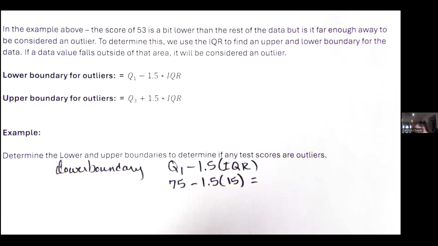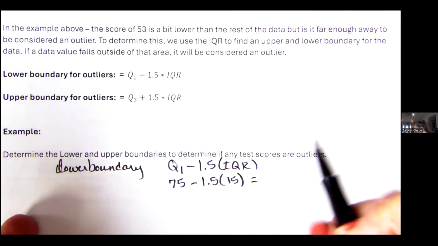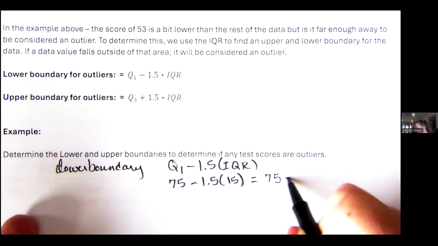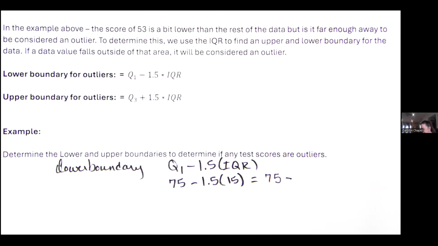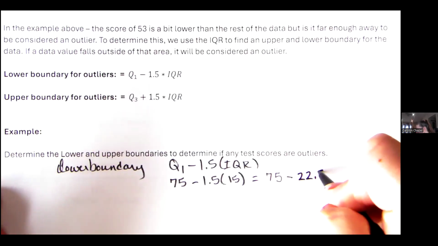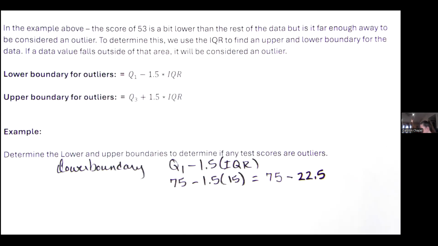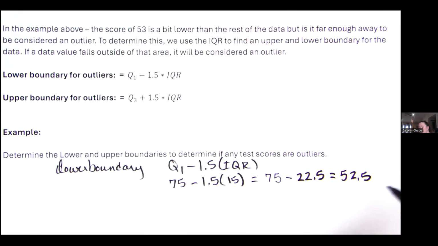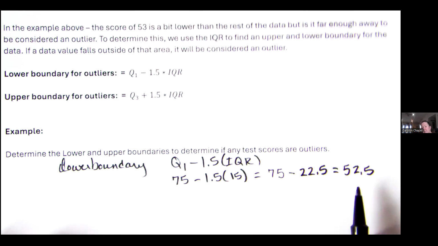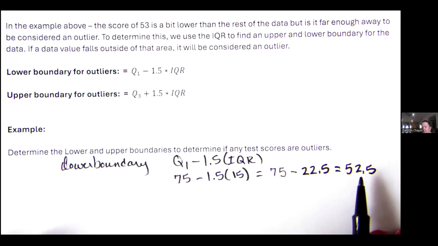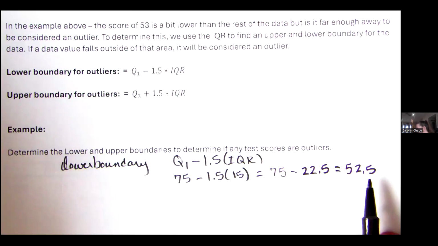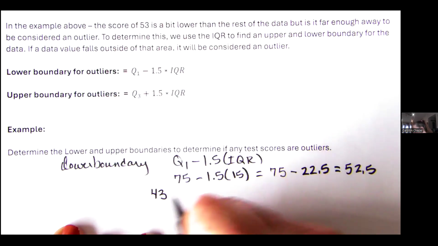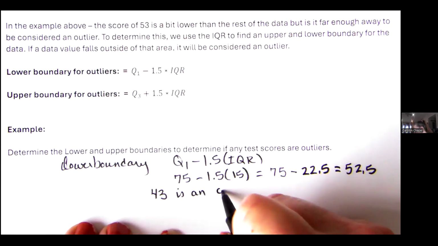So I'm going to take that 1.5 times my 15 first before I subtract, and I get 22.5. So I'm going to take 22.5 away from 75, and I get 52.5. So this is my lower bound. Anything smaller than it would be considered an outlier. So this tells me that 43 is an outlier.